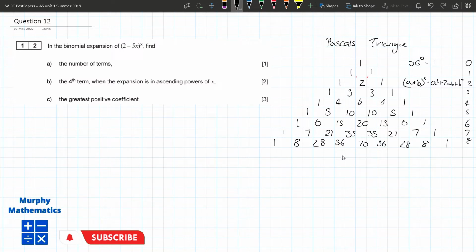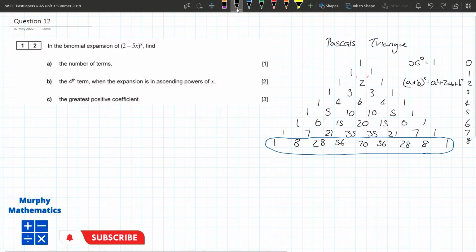So let's use this now. The line I'm using is the power 8, this whole line. For normal questions we have to sub in this 2 minus 5x, and the way we do that is we write out our coefficients.